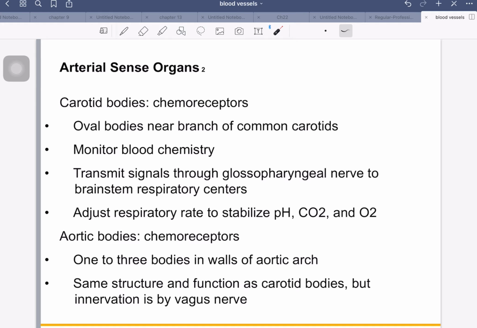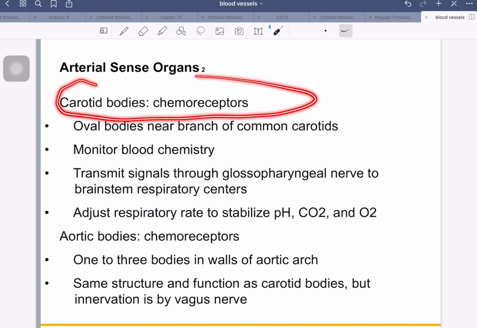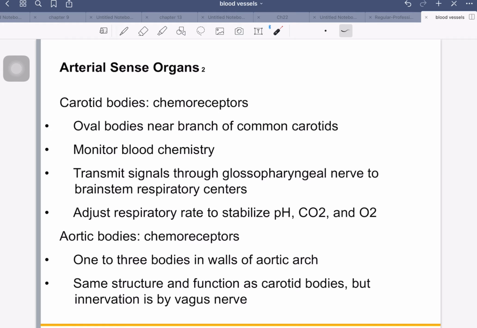We also have chemoreceptors in the carotid bodies, which we've talked about, and they're associated with the common carotids and monitor blood chemistry. Of course, they transmit their signals to the brainstem and the respiratory centers. As we've talked about in previous chapters, they look at pH, CO2, and O2.